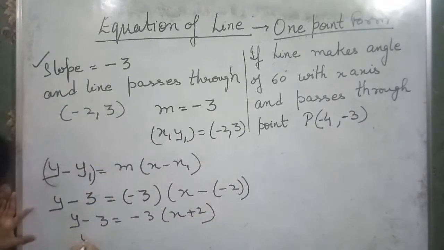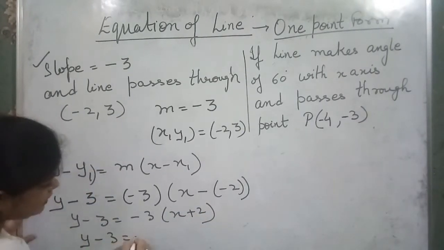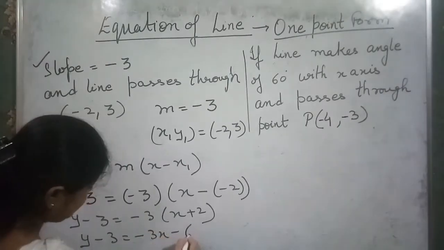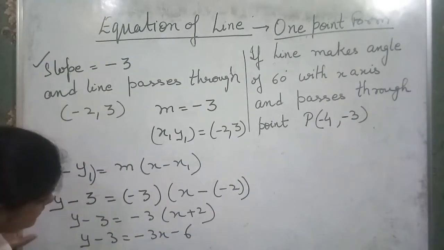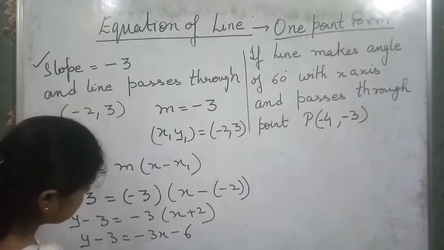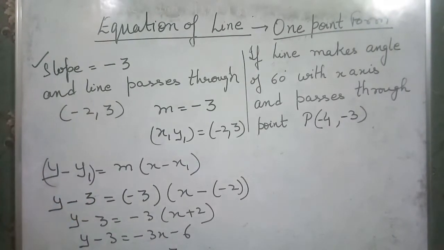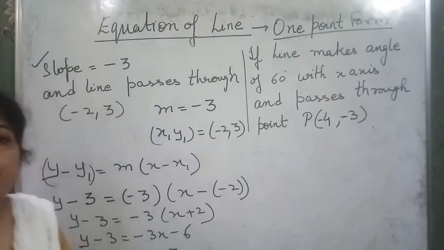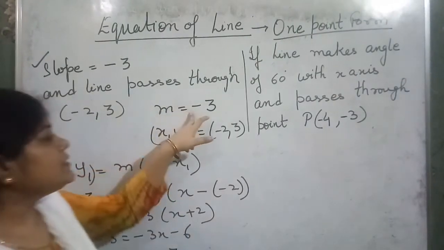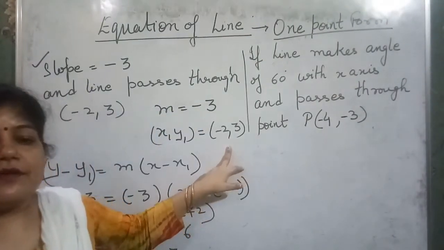Now after solving we get y minus 3 is equal to minus 3x minus 6, and we get y plus 3x is equal to minus 3. So in this way we find the equation of a line when the slope and one point is given.